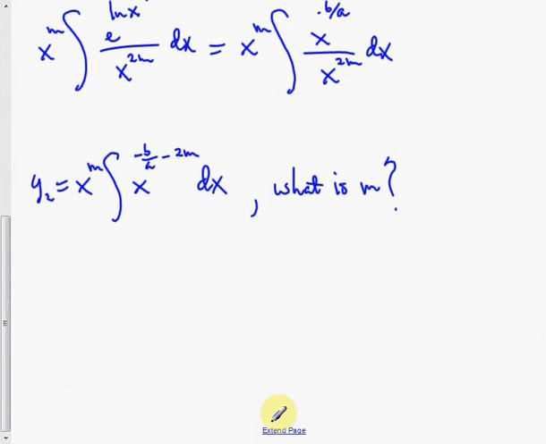Okay, remember the equation that m comes from is this: a m squared plus parentheses b minus a times m plus c equal to 0.